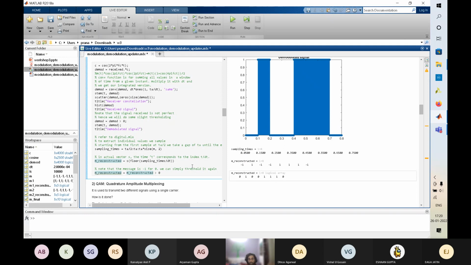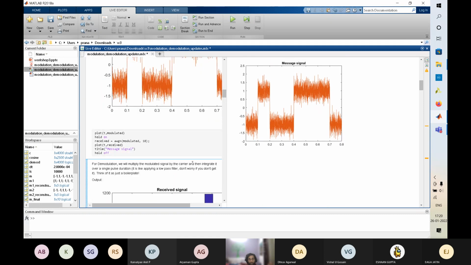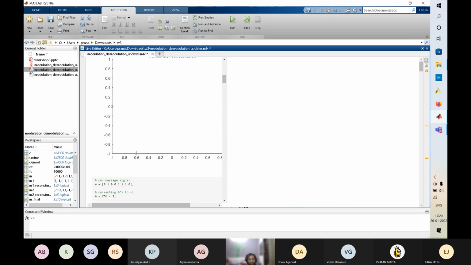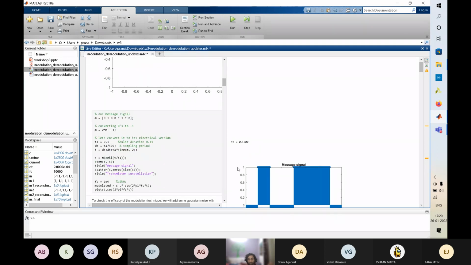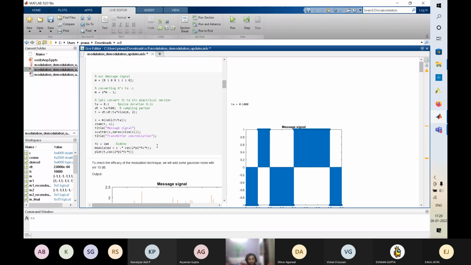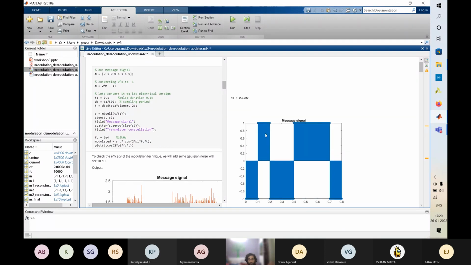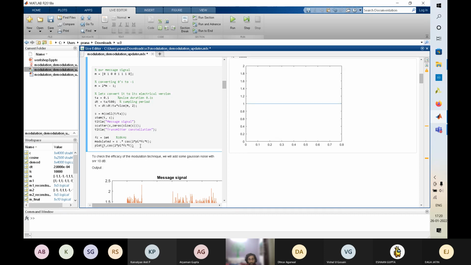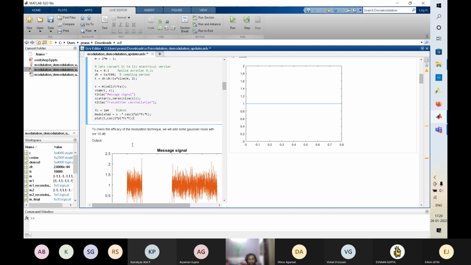So this is the whole cycle. We send the signal, increase it in time, then after creating a lot of samples in time, there is the digital to analog converter. Then we multiply it with the carrier frequency for modulation.